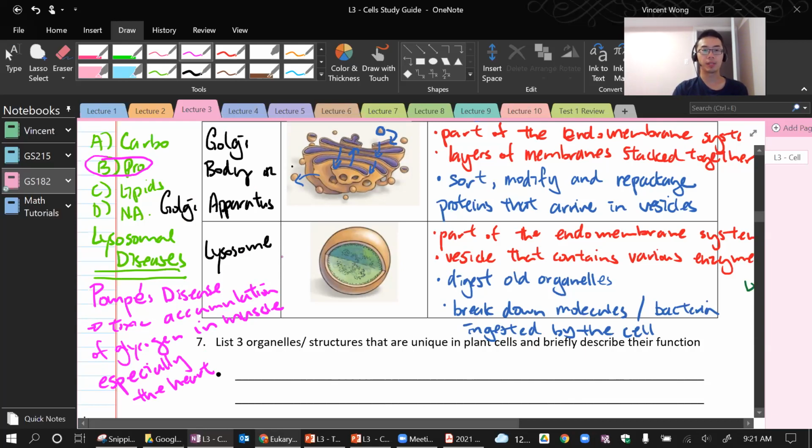Okay, and then there's another one. I'm just going to write over this picture. I'm sorry. There's Tay-Sachs disease, right? And this is the toxic accumulation of lipids in brain cells. And that could lead to developmental problems.